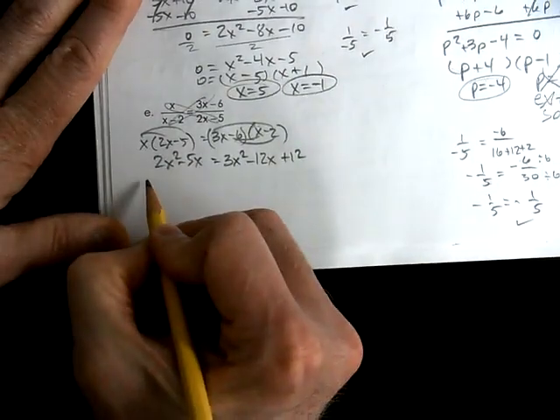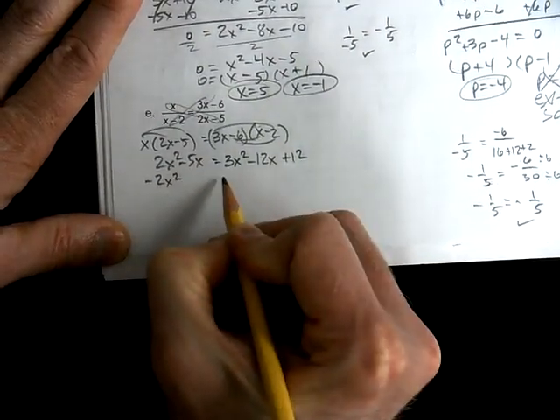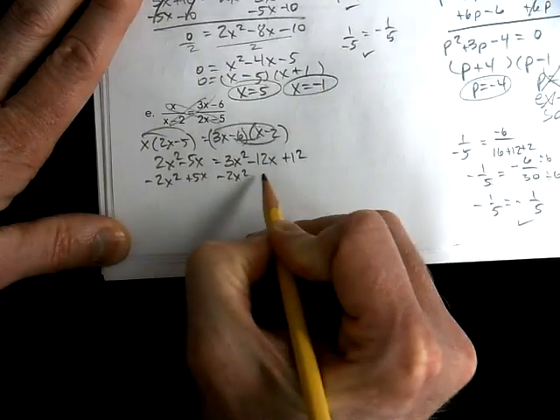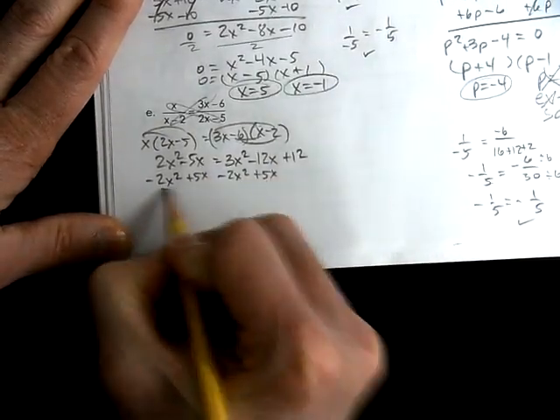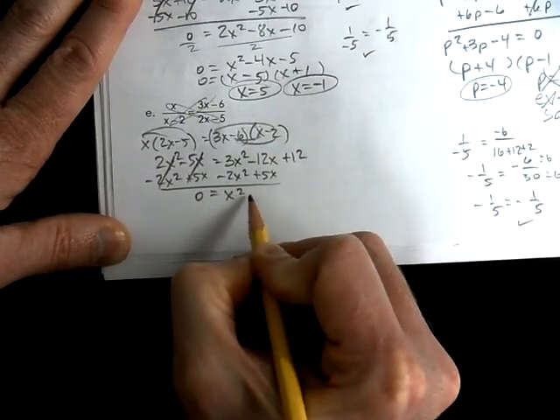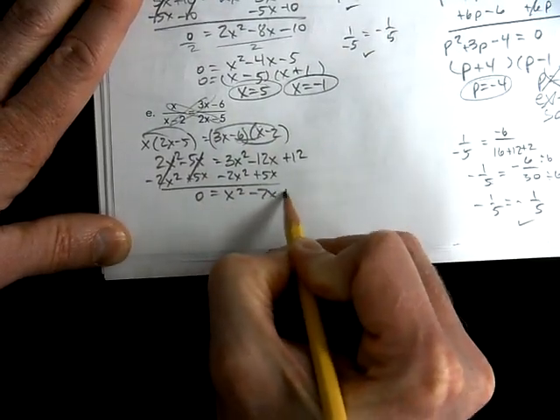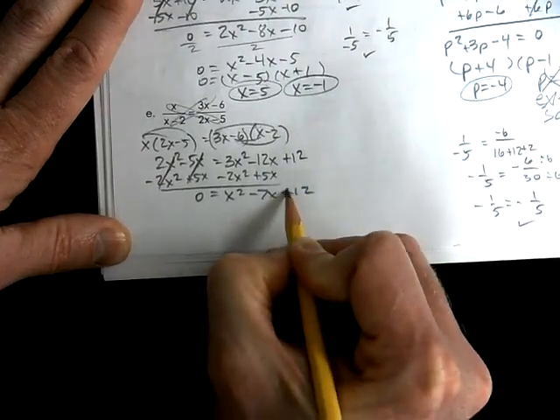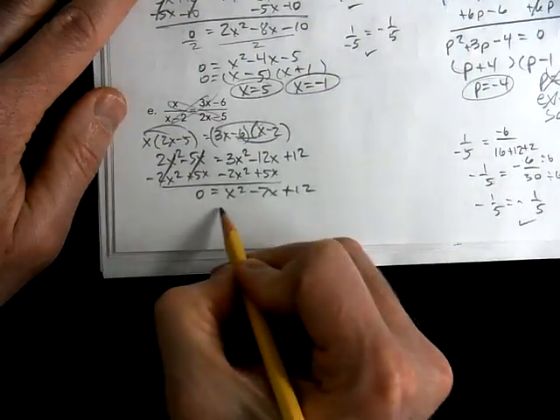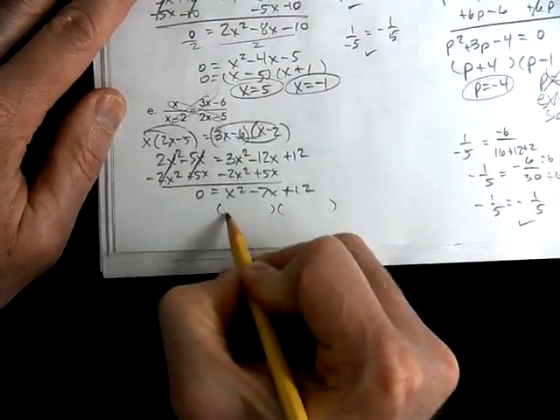Two different types of x's, so I'm going to bring all my like terms together. I need to make it 0 on one side. Then we can factor that apart.